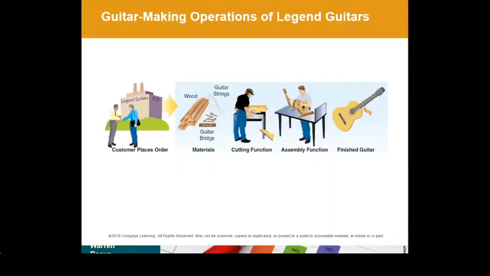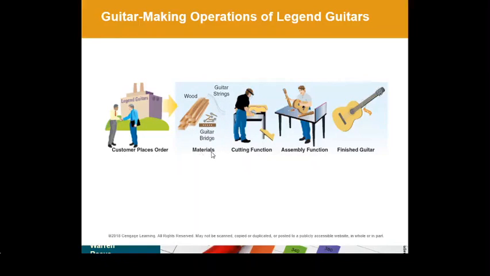Before we start on learning outcome 2, I would like to bring you through a manufacturing process for a guitar. First, the customer needs to place an order with the company, and once the company receives the order, the material department will prepare the materials to produce the guitar, such as wood, guitar strings, and guitar bridge.